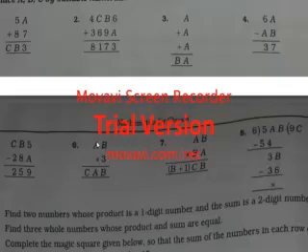If I keep 4, 4 3s are 12 and 1 is 13, of course 4 is not coming in both places. 5, then 5 3s are 15 and 1 is 16, of course 5 is not coming in both places. 6, 6 3s are 18 and 1 is 19, of course 6 is not coming in both places. 7, 7 3s are 21 and 1 is 22, not coming. 8, 8 3s are 24 and 1 is 25, not coming. 9, 9 3s are 27 and 1 is 28. With 9 also it is not coming.